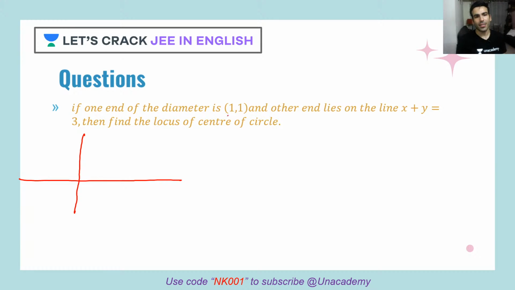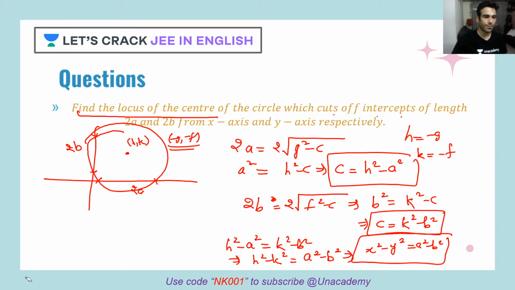If one end of the diameter is at 1 comma 1 and the other end lies on the line x plus y is equal to 3, this is the line, and this is your diameter's point, 1 comma 1. This sort of circle must be there. Sorry, it cut the given line, so I'll clear it out and try it again.